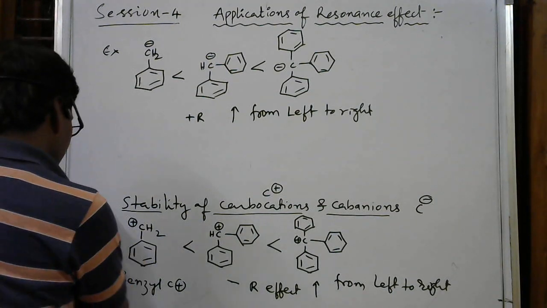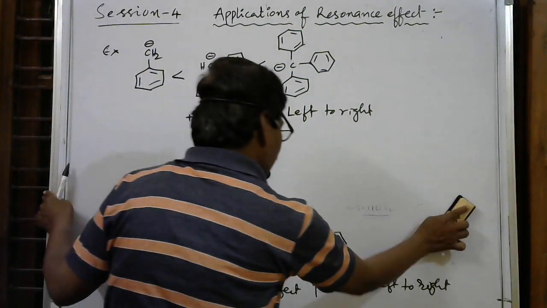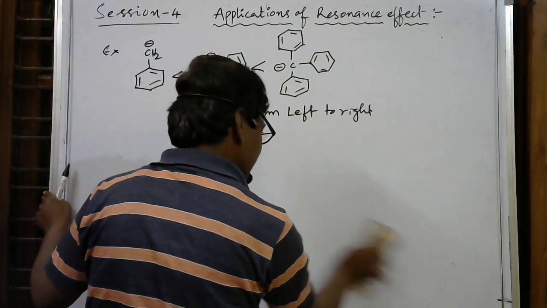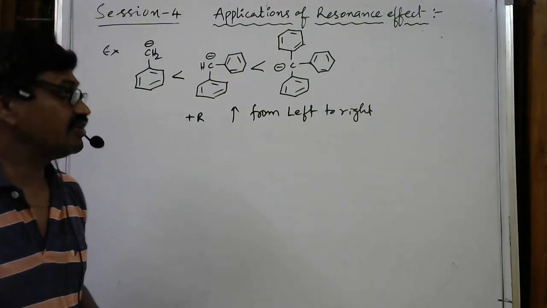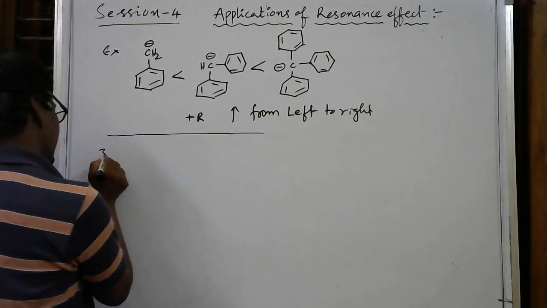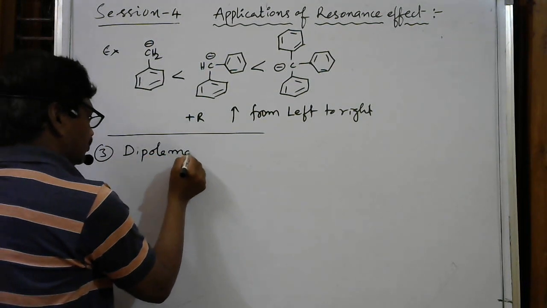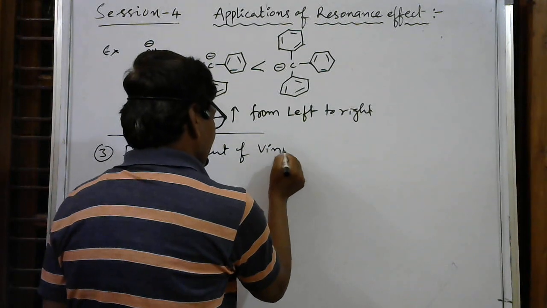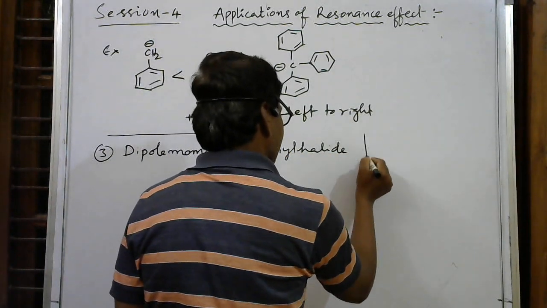Then one more very important thing is about dipole moment. Dipole moment values decrease. Just now we discussed vinyl halide, the same thing, and I am giving the explanation related to dipole moments. The dipole moment of vinyl halide decreases.